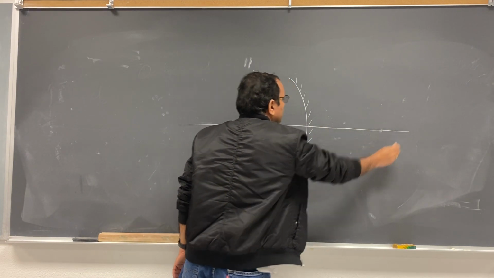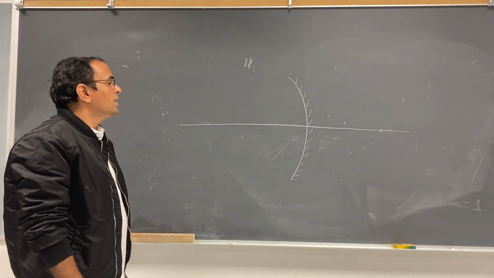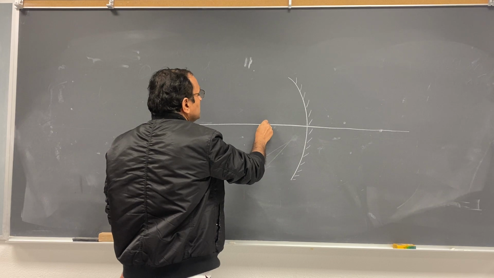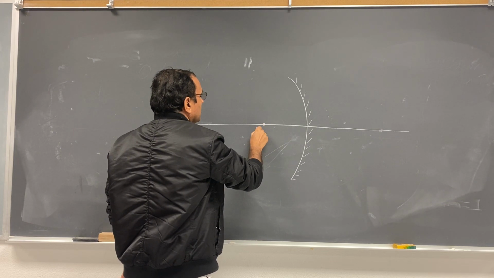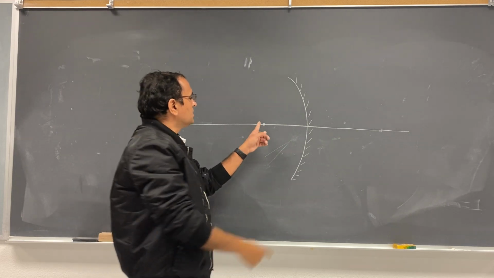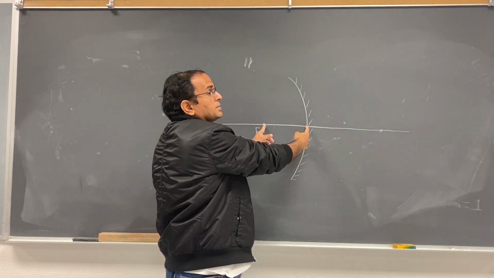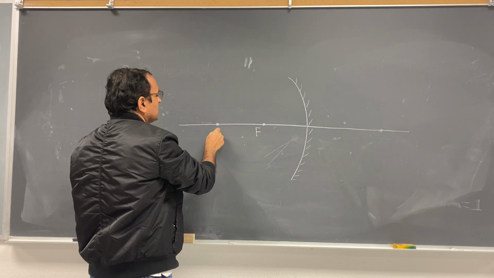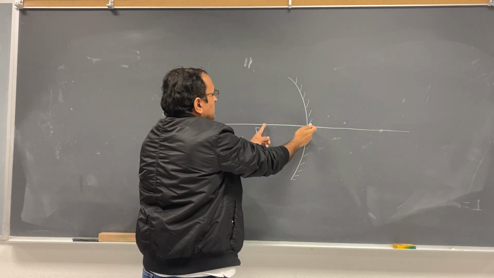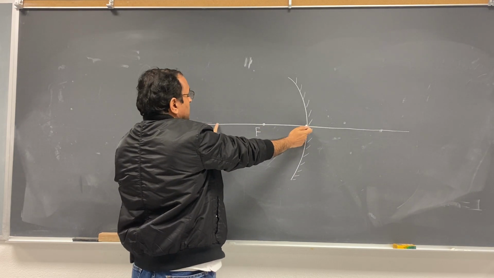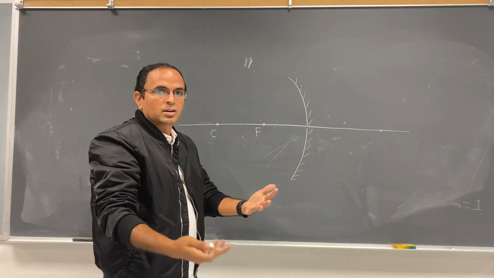You can choose, let us suppose this is your focal point F. If this is, let's say, 5 centimeter, now you have to choose C, the center of curvature. If the focal length is 5 centimeter, this must be 10 centimeter. Use a ruler.